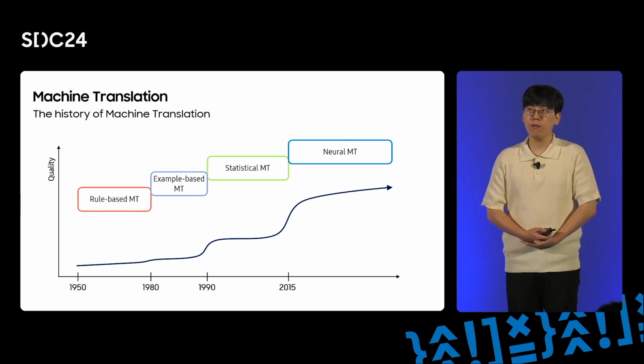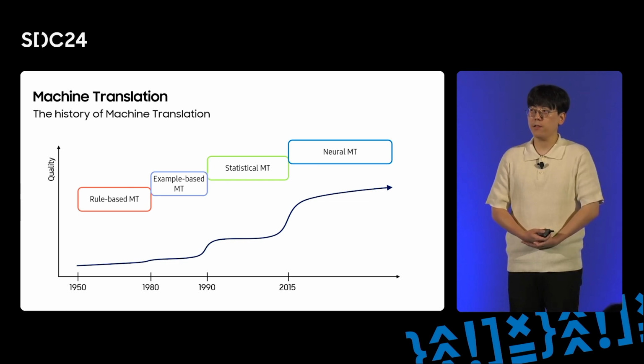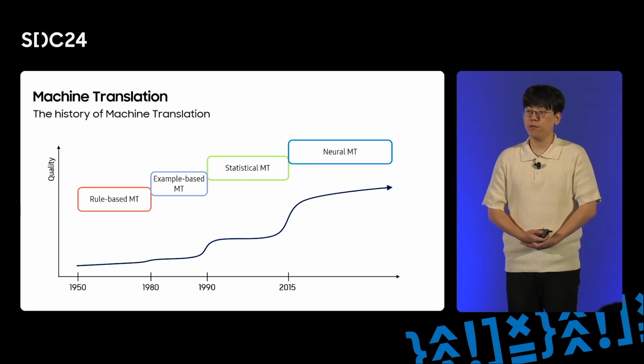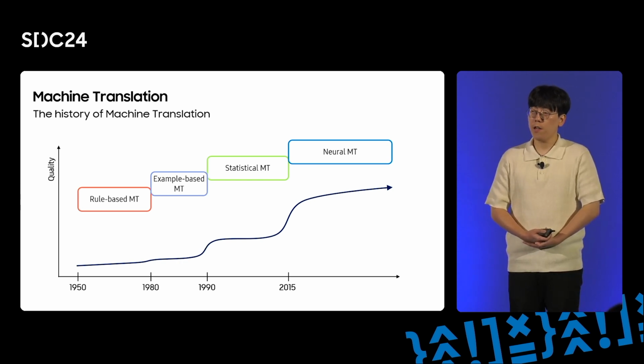The history of machine translation is a fascinating journey. The 1950s and 1980s saw the development of rule-based machine translation, which relied on complex sets of linguistic rules and bilingual dictionaries. This system required extensive human labor to create and maintain the rules and dictionaries.